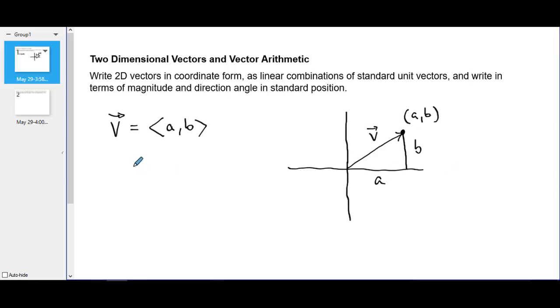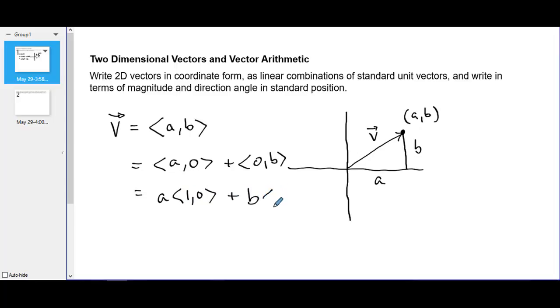Now, we can say this can also be written as, let's do this in a kind of slow, fancy way here. It's the sum of these two vectors. And these two vectors, I could factor out this scalar value A and say this is 1, 0.